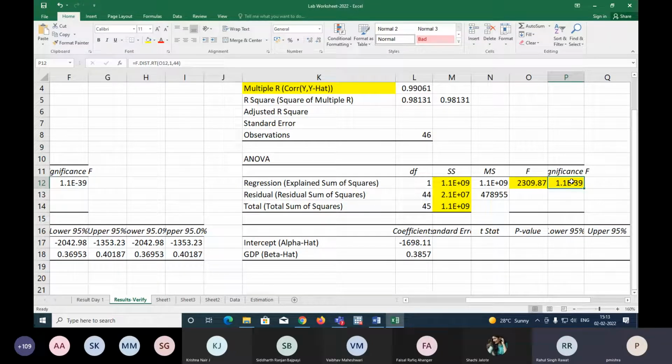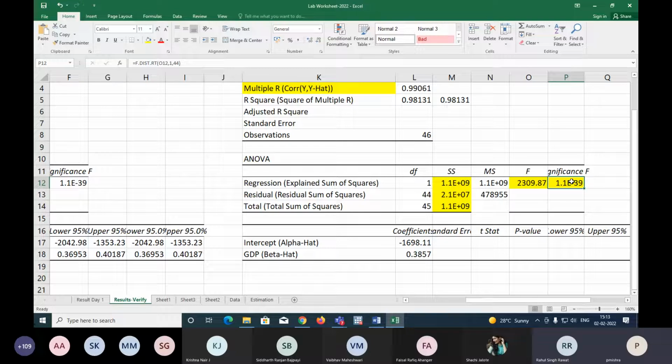Degrees of freedom for the numerator means degrees of freedom for ESS. Then put degrees of freedom for the denominator, that is degrees of freedom for the RSS. And then you will get the corresponding significance level of this F statistic. And depending on the significance level, we will decide whether this F is statistically significant or not. Whether we will be rejecting the null hypothesis or not.